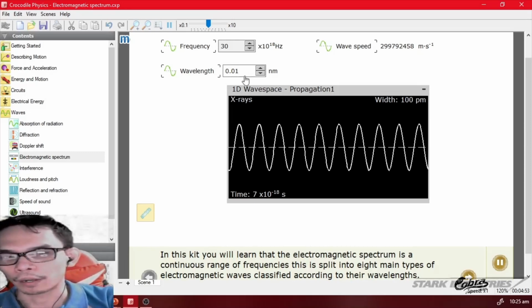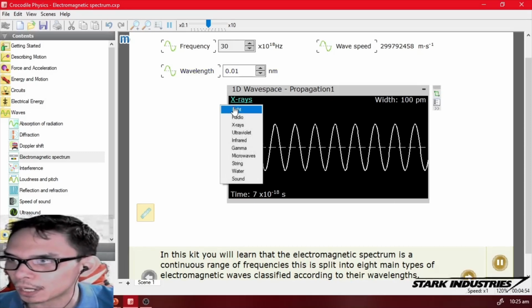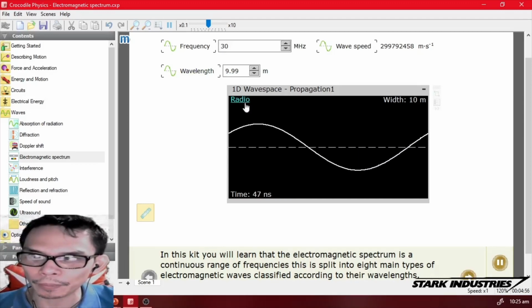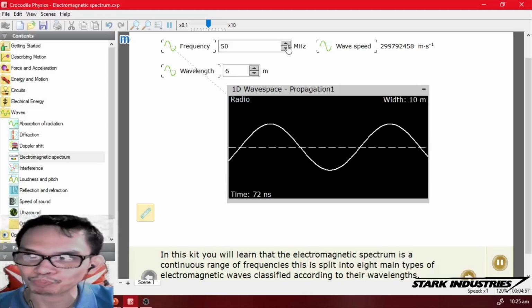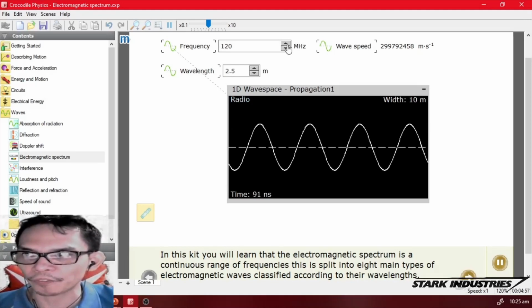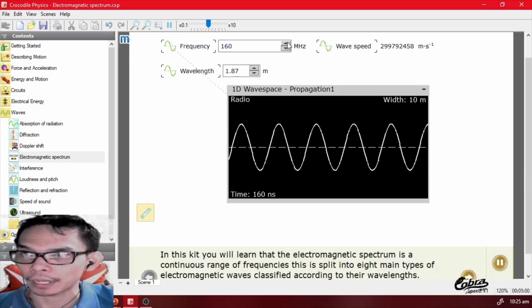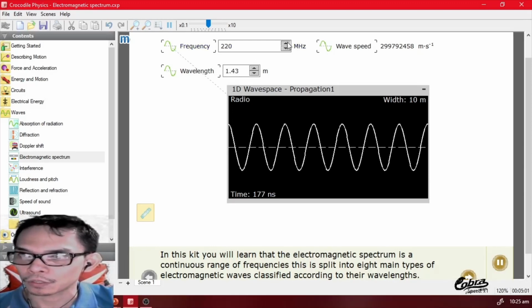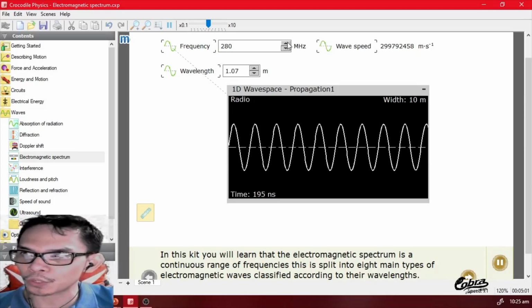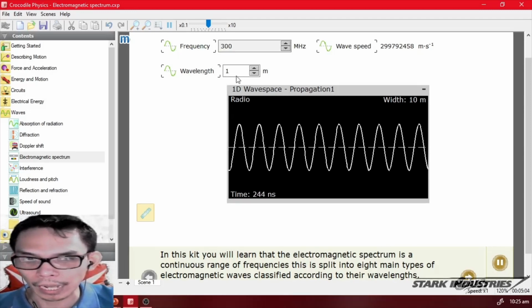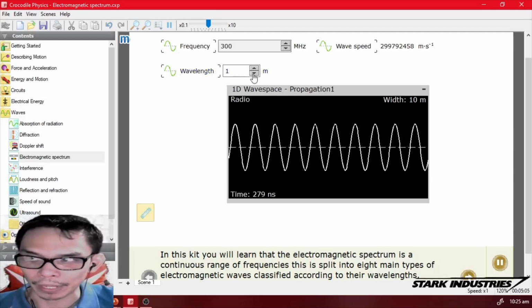So we have here the radio waves. If we increase the frequency, as you can see, the wavelength decreases. The maximum frequency that the radio wave can have is 300 megahertz, at a 1 meter wavelength.